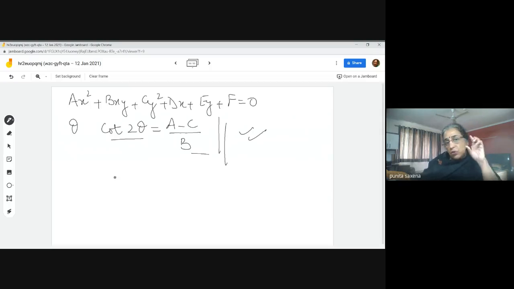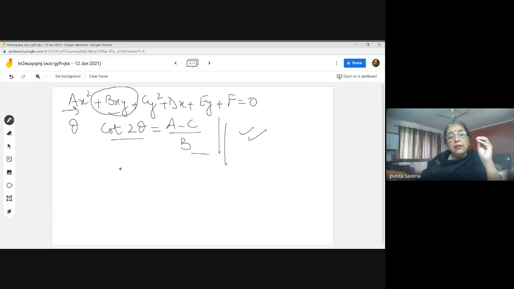So what do I have to remember? I'm asked to sketch a conic. That means I'm given a general second degree equation. First thing I have to see is whether my equation contains a term like xy. If no, I know that the axes are parallel to the coordinate axes, whatever conic it is.